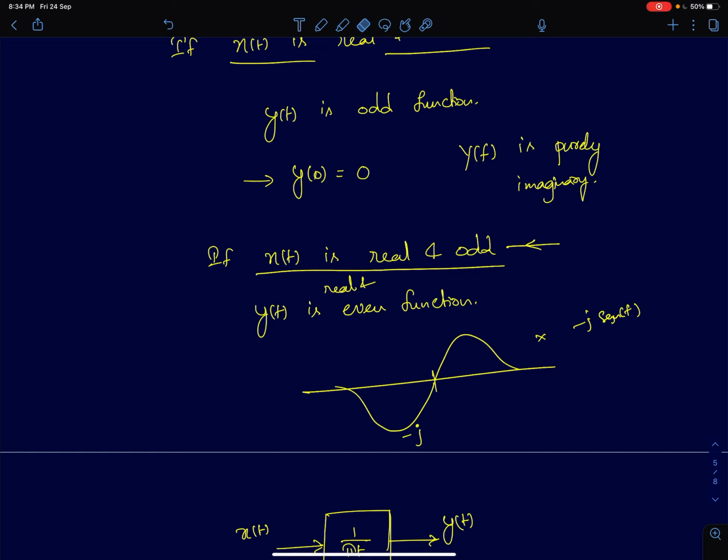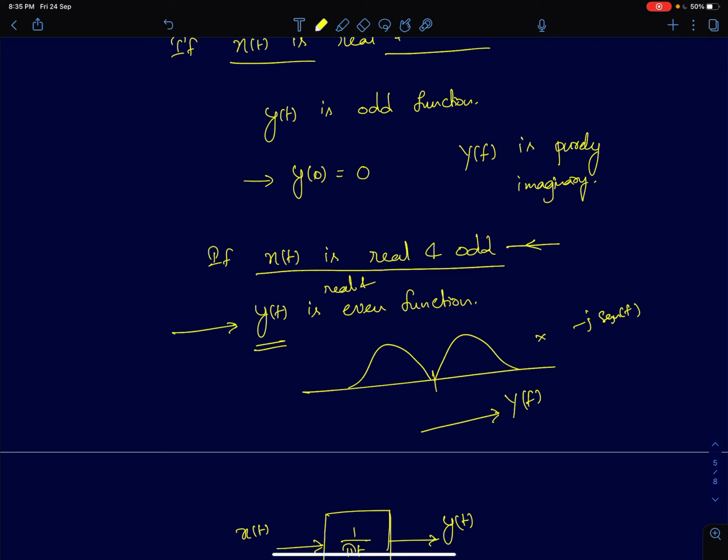And for negative frequencies, it's again minus j into minus j, which will again be minus 1. So it will be a real and even function. So your Fourier transform y of f is going to be real and even, which means y of t will also be real and even.